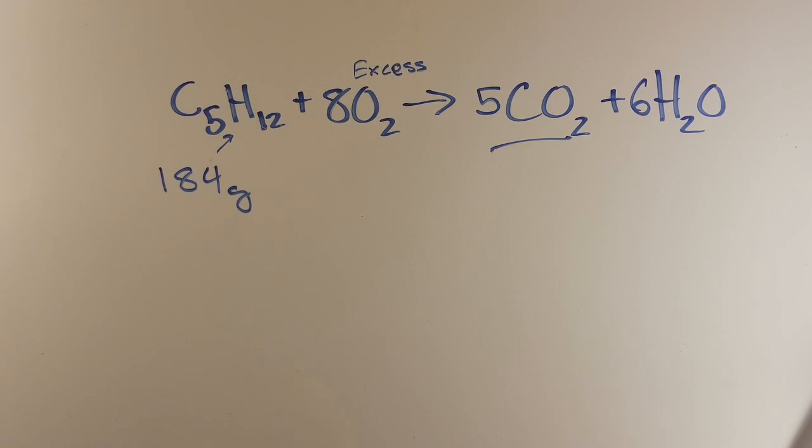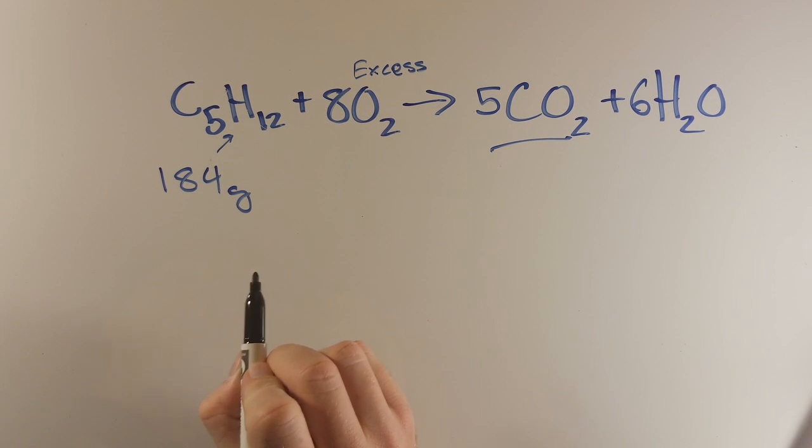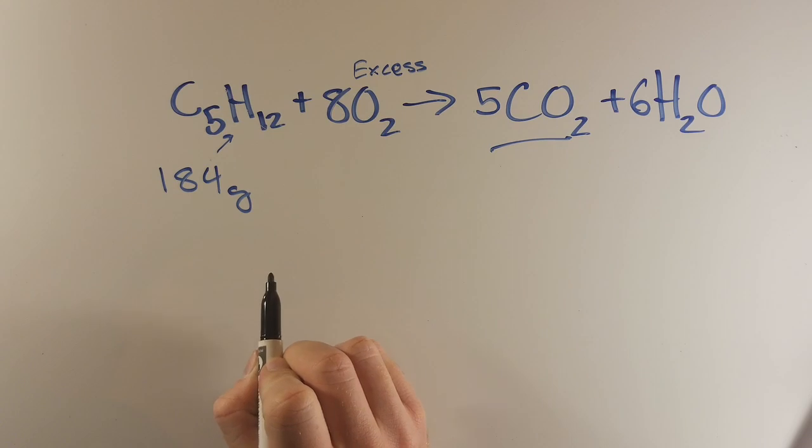This is actually a pretty interesting question because this is, again, a combustion reaction question, and the world wants to know how much carbon dioxide you're emitting in your combustion reaction because it's a greenhouse gas or something like that. I don't really know. But anyways, let's figure it out.